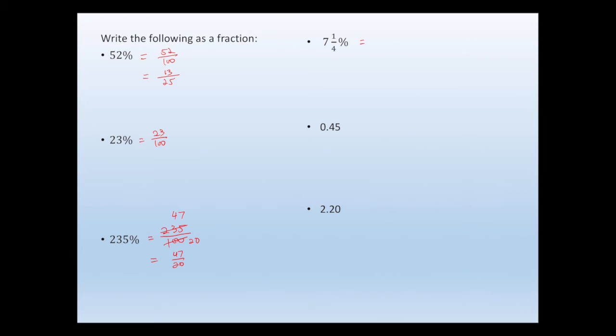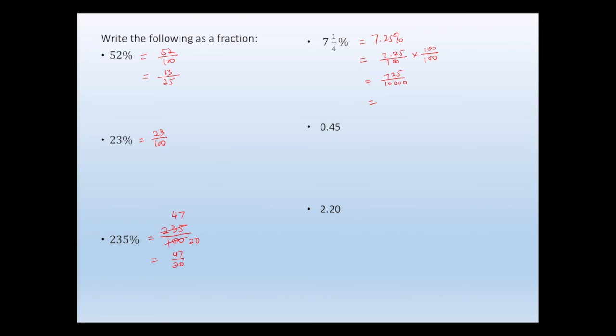Now, writing this as a fraction, 7 and 1/4% is 7.25%, which equals 7.25 over 100. We cannot leave a fraction with a decimal, so we multiply both by 100 to get 725 over 10,000, because we are multiplying by 100 over 100 to get rid of the decimal.